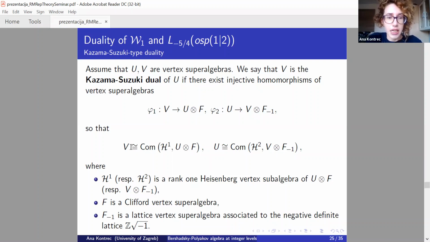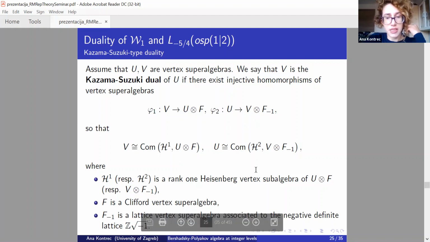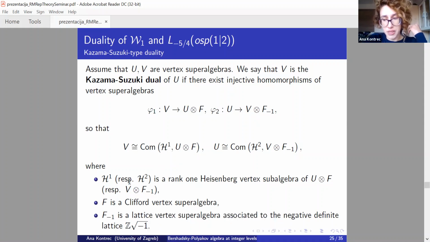It holds that V is isomorphic to the commutant of H1 in U tensor F, and U is isomorphic to the commutant of H2 in V tensor F minus 1. Here, H1 and H2 are Heisenberg vertex subalgebras of U tensor F and V tensor F minus 1.